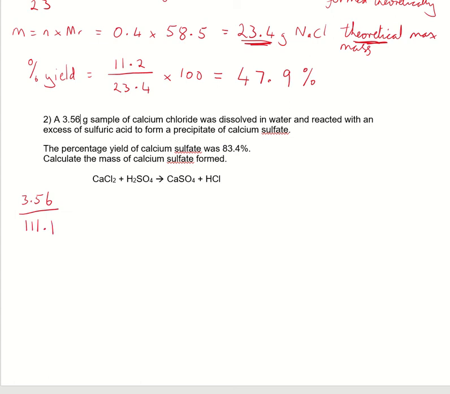Always remember your decimals with this. 3.56 divided by 111.1, 0.032. I'll just keep the full calculator. Moles of chloride.